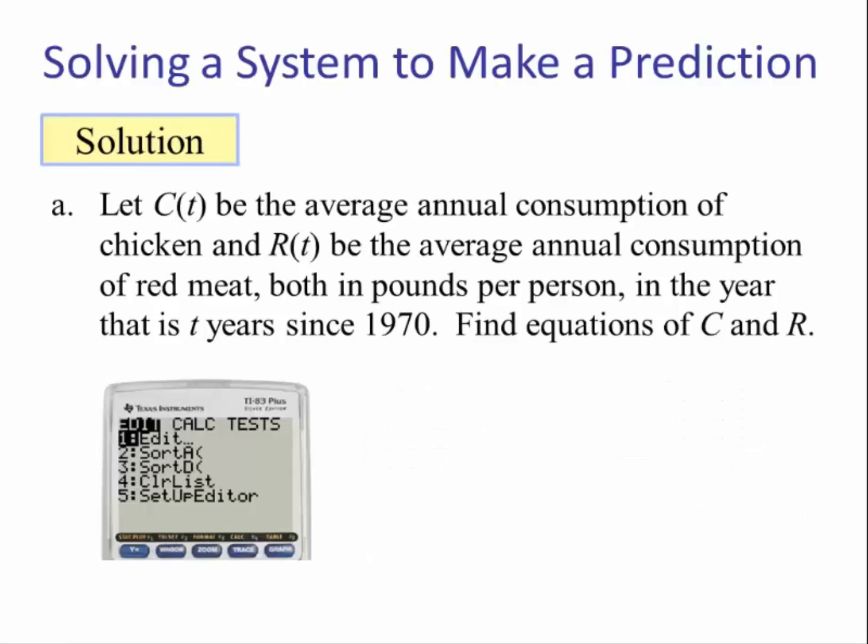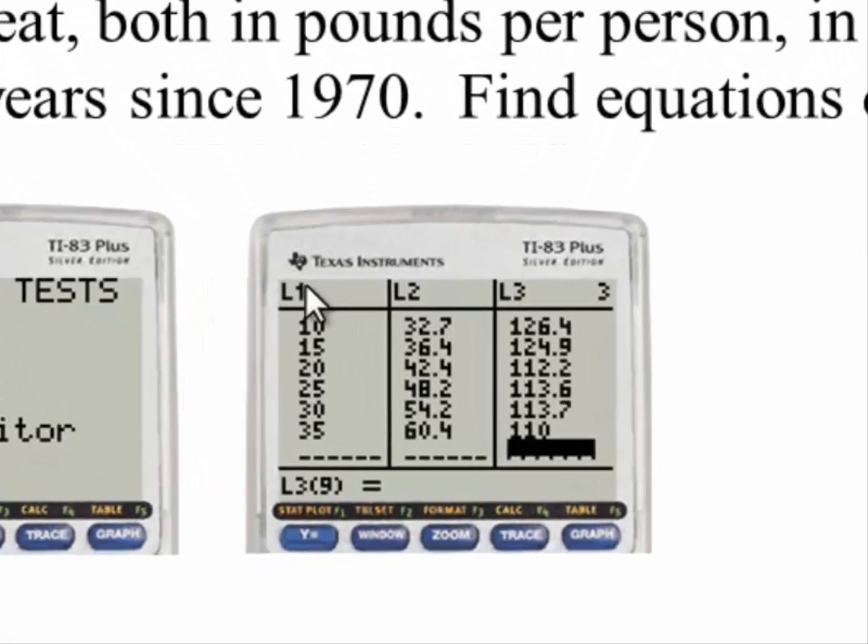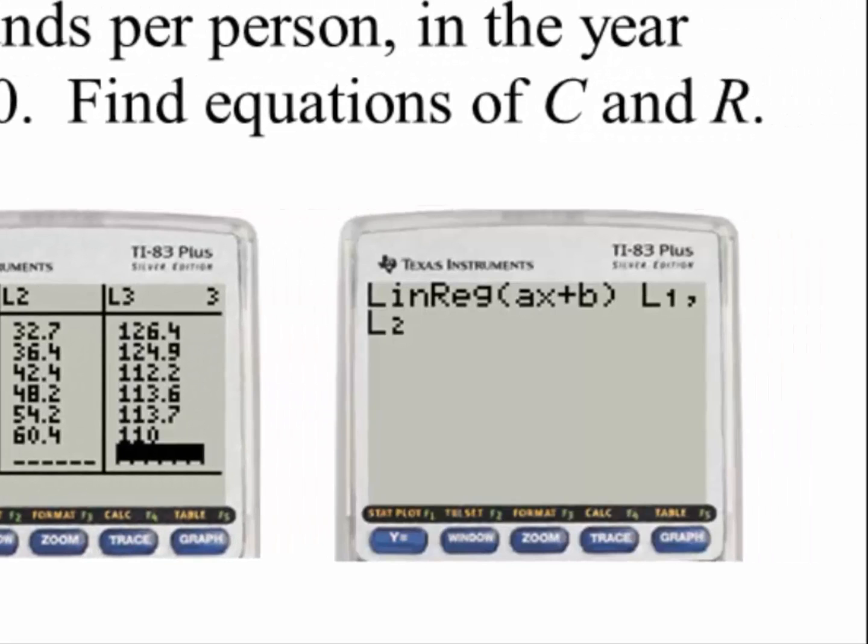A. We first need to put the data into our lists. We hit the Stat button, then Enter. In List 1, put the years since 1970, List 2 will be the chicken, and List 3 will be the red meat. Next, we hit Stat, the right arrow, then Linear Regression.